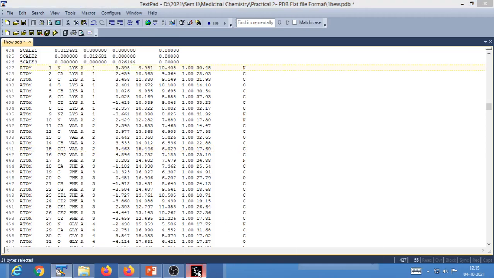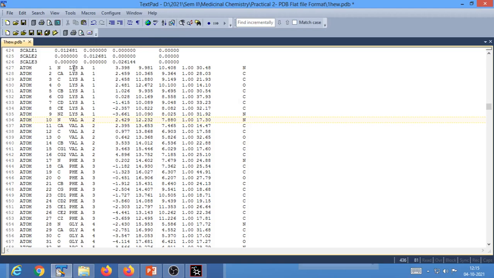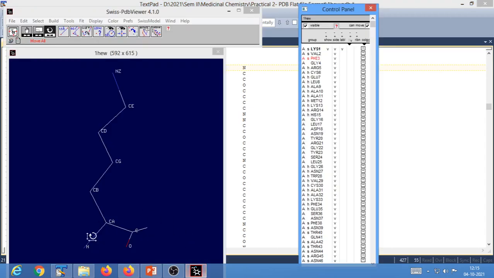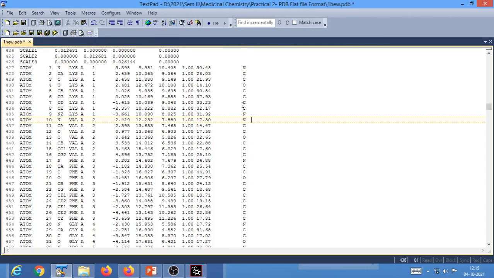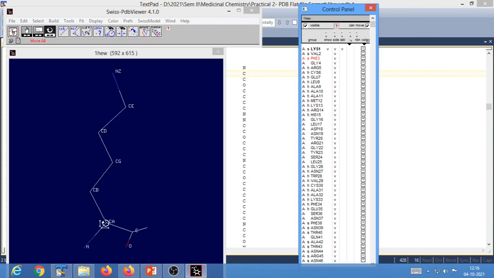So it reads the first line that corresponds to nitrogen, reads its x, y, and z coordinate information, and according to these coordinates places a blue dot. Then it moves on to the next line that corresponds to the C alpha carbon atom, reads its x, y, and z coordinates, places a white dot, and then joins the blue dot to the white dot.